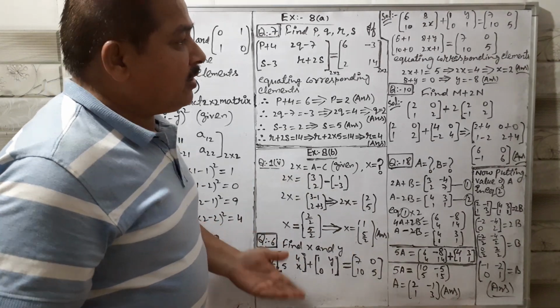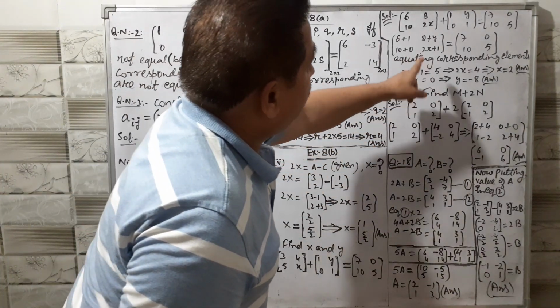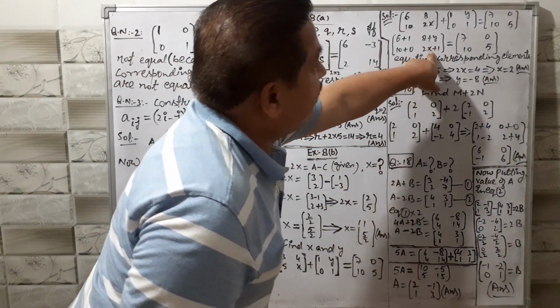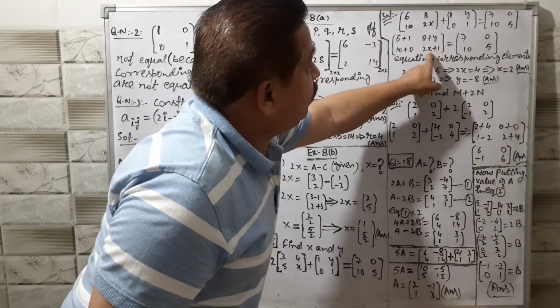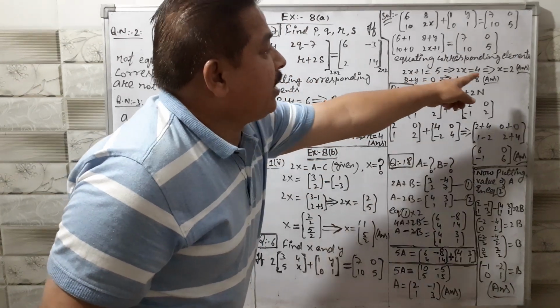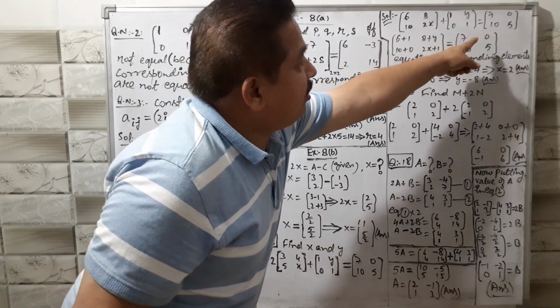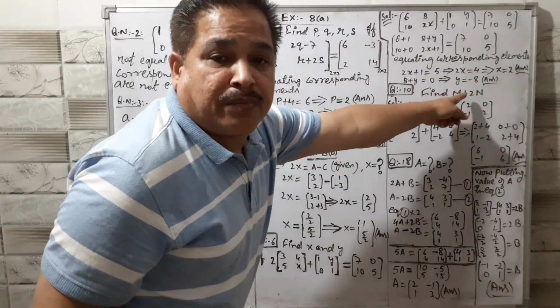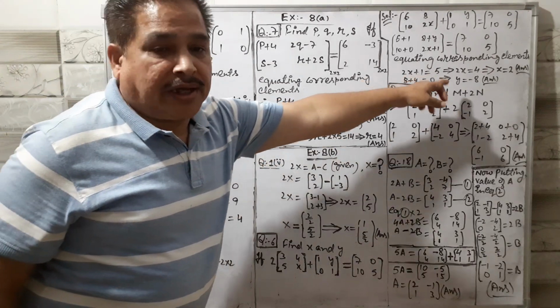So how can we calculate this? By equating the corresponding elements. So corresponding elements, 2x plus 1 is here and in the same place there is a 5. So 2x plus 1 is equal to 5, so x will come 2. Similarly, 8 plus y equals 0, so y will come minus 8. These are the answers, x and y.